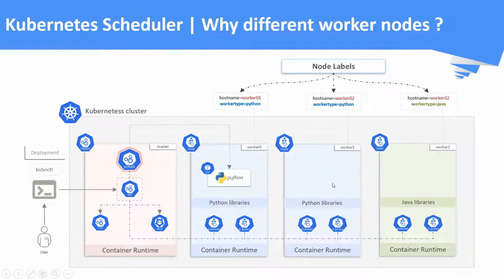When you try to run a Java application in worker node 1, it will fail because worker node 1 has no Java libraries installed. The same will run in worker node number 2 because it has Java libraries installed. This kind of node selection for your applications is purely based on the labels that are present in the node.